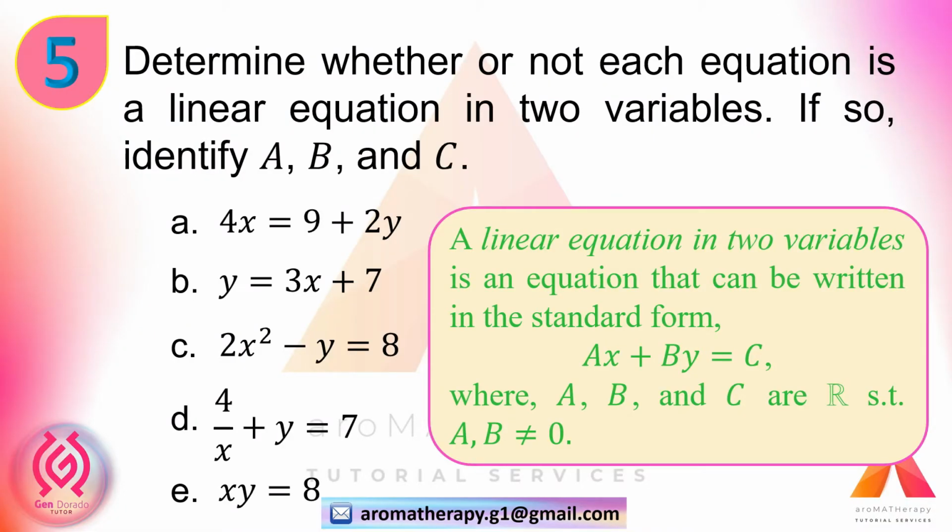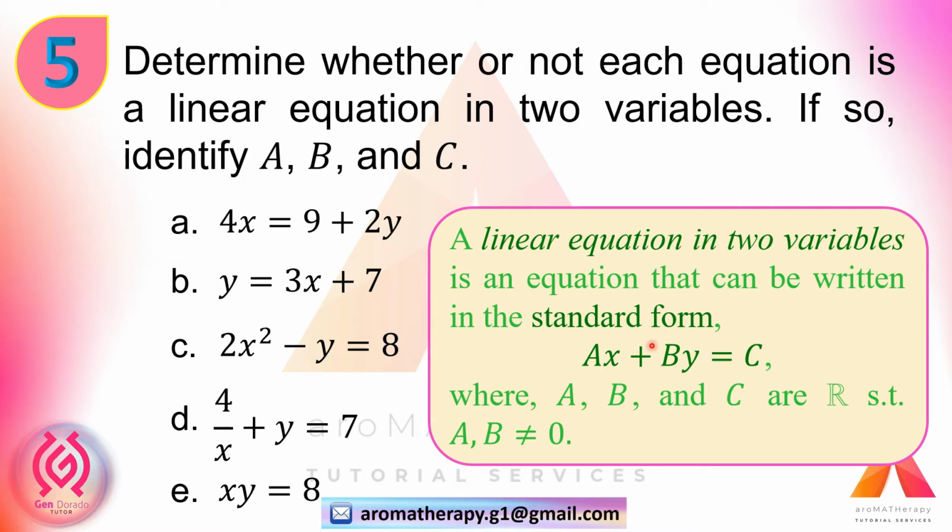A linear equation in two variables is an equation that can be written in the standard form ax plus by is equal to c, where a, b, and c are elements of real numbers such that a and b are not equal to 0. Let's emphasize the definition of linear equation in two variables.